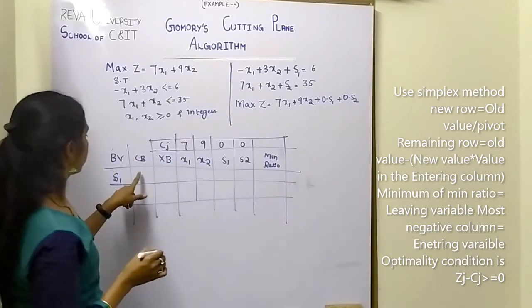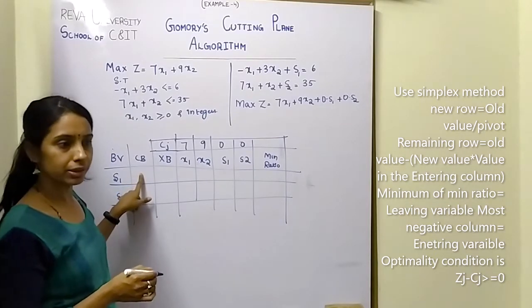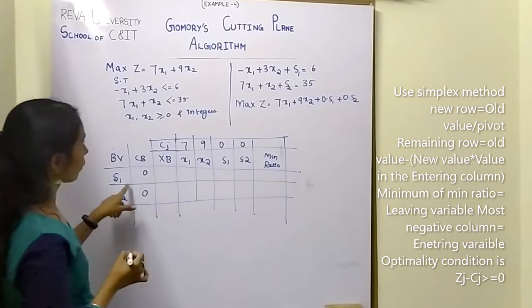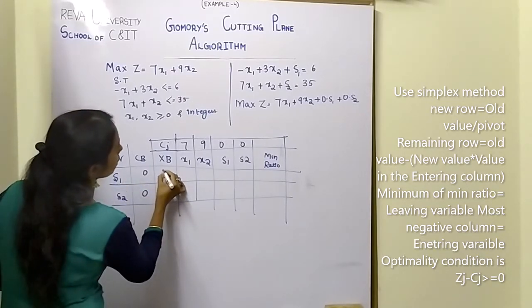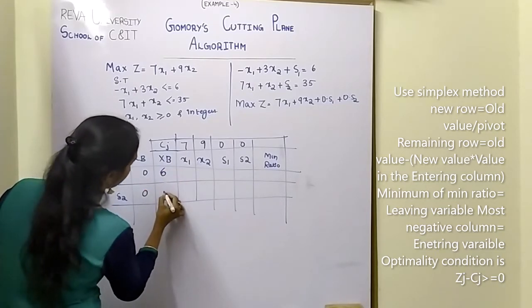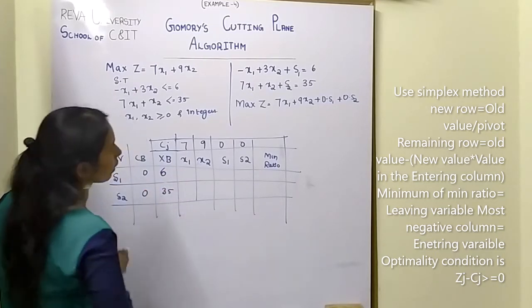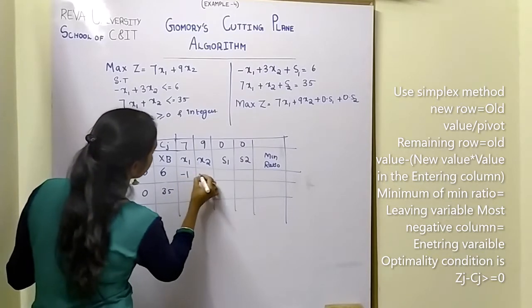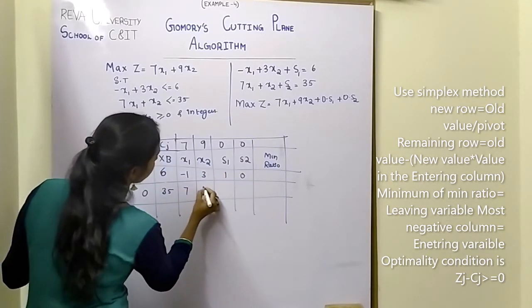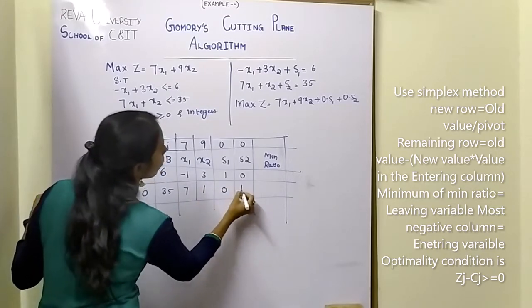The coefficient of s1 and s2 in the objective function is 0, 0, and from the first equation this becomes the RHS 6 and here it is 35, then minus 1, 3, 1, 0, 7, 1, 0, 1.